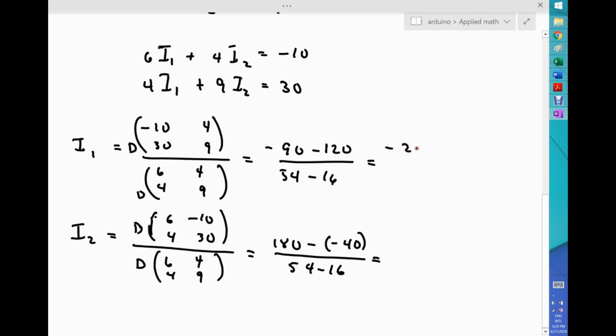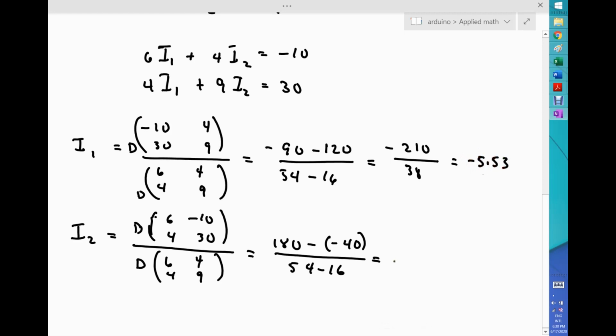Minus 210, and that's divided by, I think, 38. Yeah, 38, and that will be 5.53 negative. That negative is very important, so we don't want to mess with it. So it's negative 5.53.